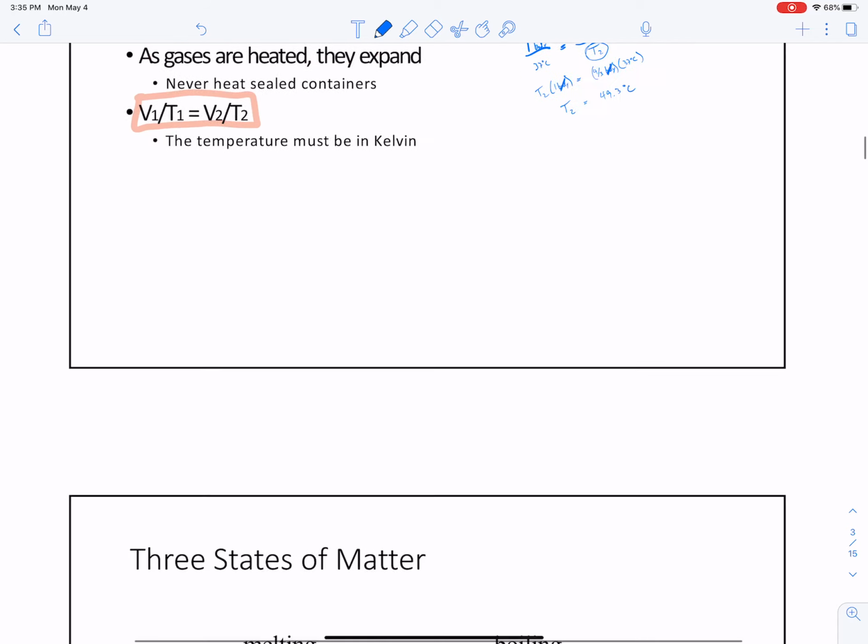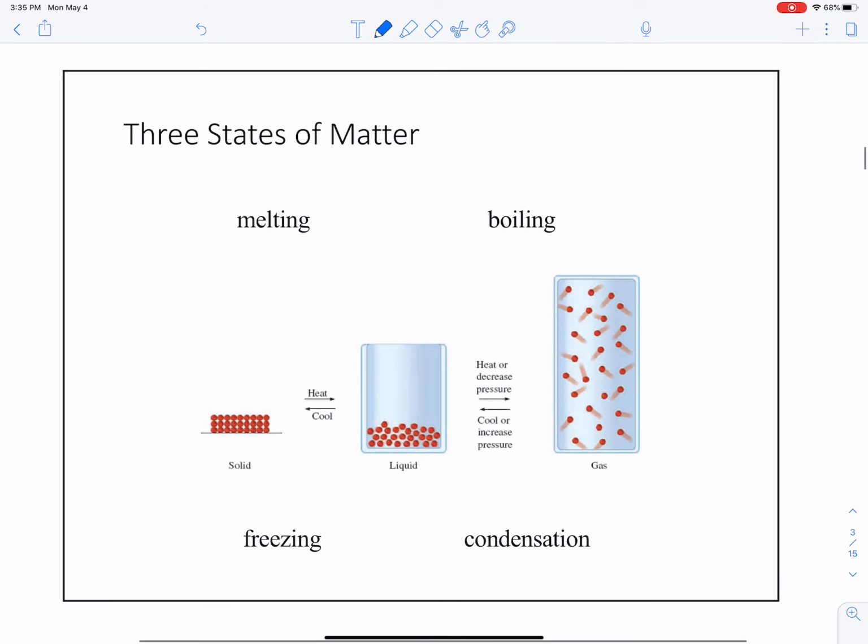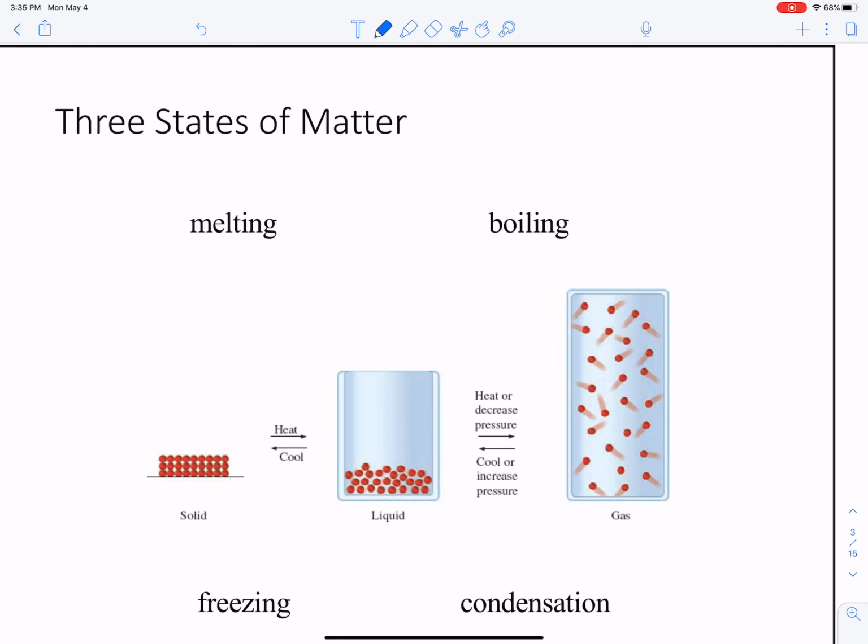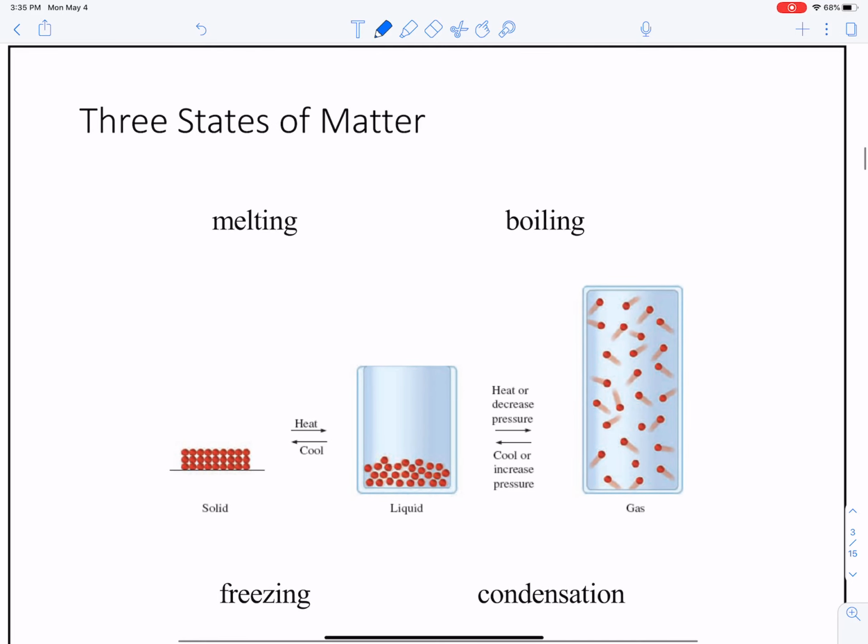Interesting stuff. There are 3 states of matter. We're going to switch from gases now, exclusively, to other things. So gases are always moving in all directions. You can increase or decrease pressure, and one of the things that you find is gases are compressible.